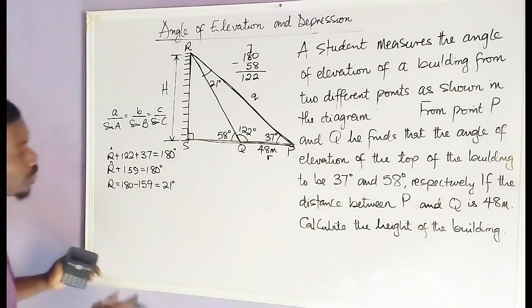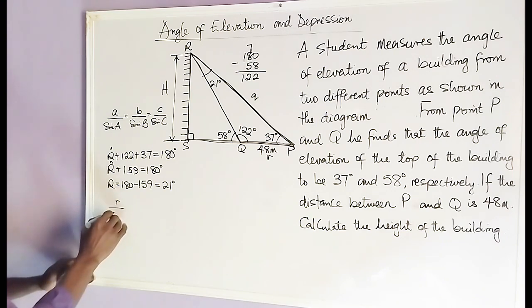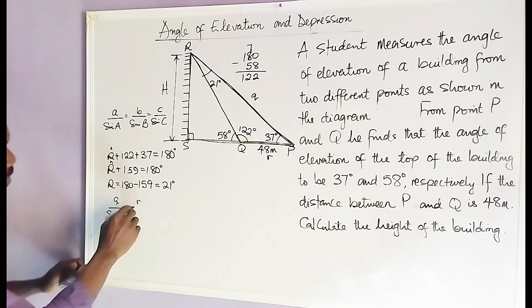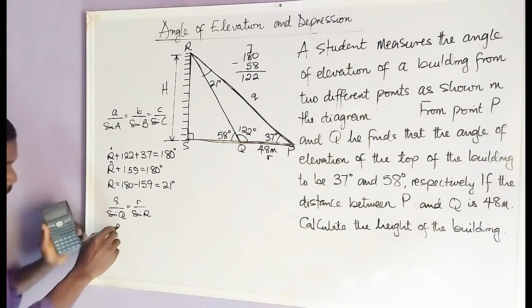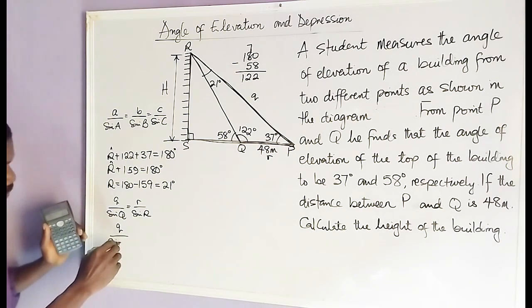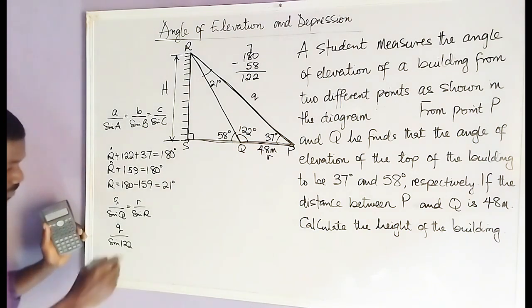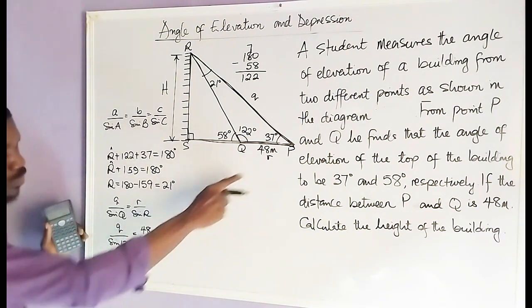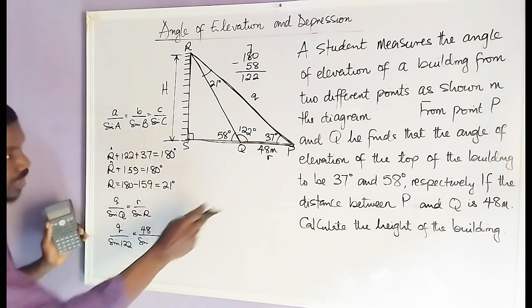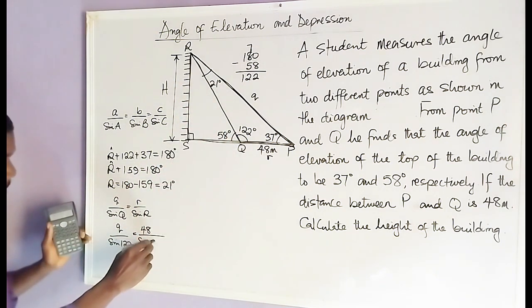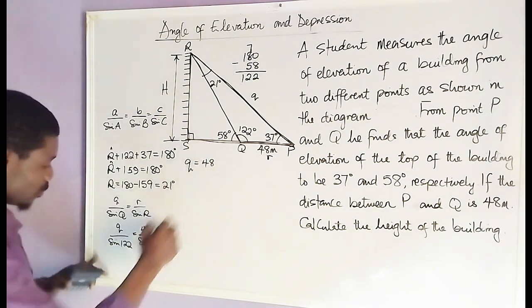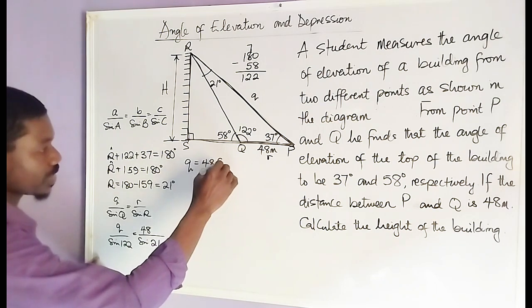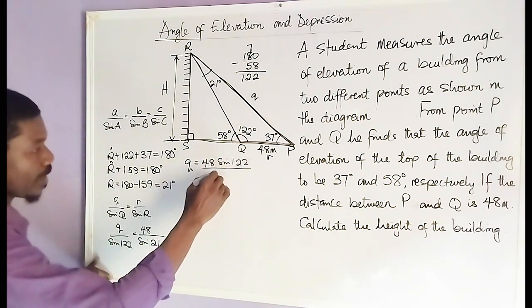So q over sine Q equals r over sine R. Our q is what we're looking for, sine Q is sine 122, which is the angle corresponding to this line, and r is 45, which is this, over sine 21, the angle corresponding to 45. Making q the subject, q equals 45 times sine 122 over sine 21.